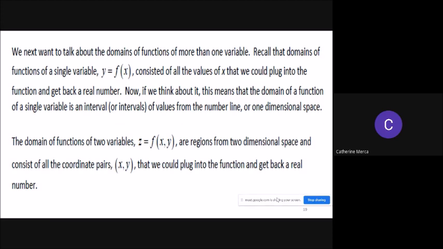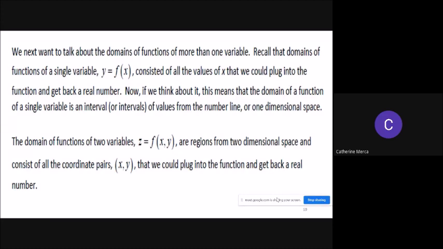So whatever values of x will make your y defined, that is your domain. This means that the domain of a function of a single variable is an interval or intervals of values from the number line, or one-dimensional space.